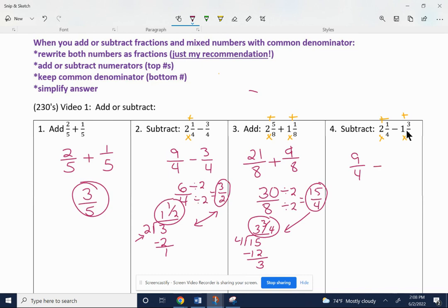Second mixed number, 4 times 1 is 4, add 3, which is 7. 7/4. Just take 9 minus 7, which is 2. Keep the 4. 2/4. We can reduce that, divide the top and the bottom by 2. 1/2 is your final answer.